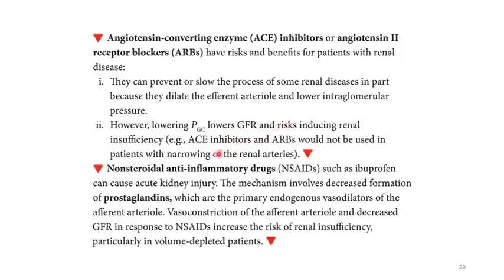Especially, for example, in patients with narrowing of the renal arteries, overall renal blood flow and GFR are decreased. For them, prescription of ACE inhibitors and ARBs is contraindicated. Also, we have talked about NSAIDs such as ibuprofen that can cause acute kidney injury because they prevent production of prostaglandins and lead to vasoconstriction of the afferent arteriole and decrease GFR.